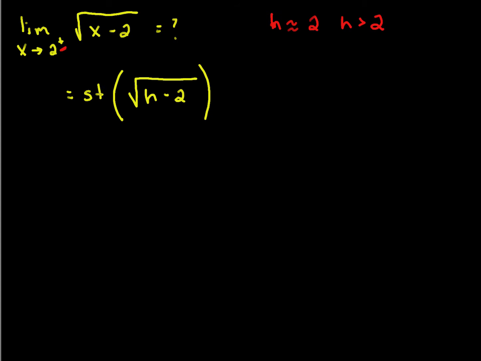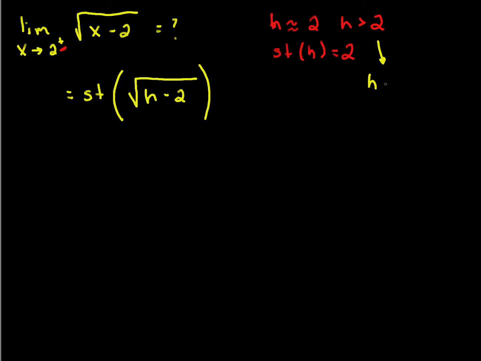Now we want to slide the standard part through, and that'll be fine because, since h is infinitely close to 2, the standard part of h is equal to 2. So we know the standard part slides into the radical here. But there is something we need to check first, because the standard part rule says that this has got to be defined. So let's make sure that h minus 2 is positive. Well, since h is bigger than 2, we can subtract 2 from both sides.